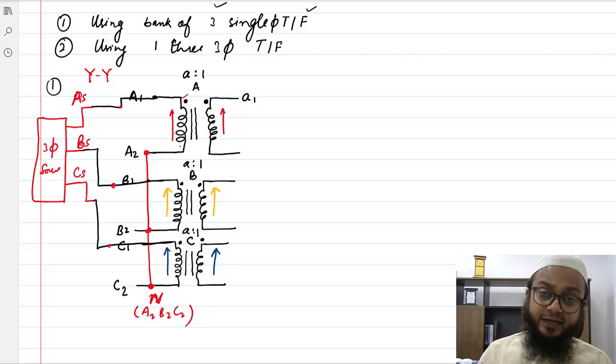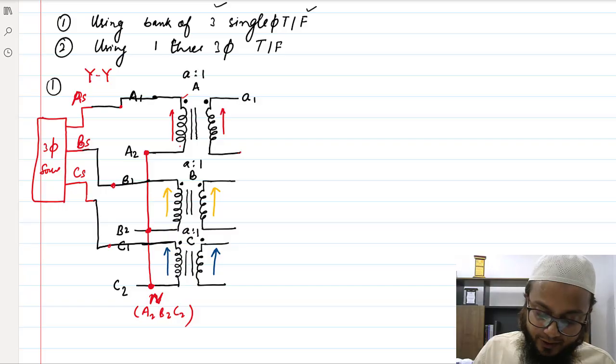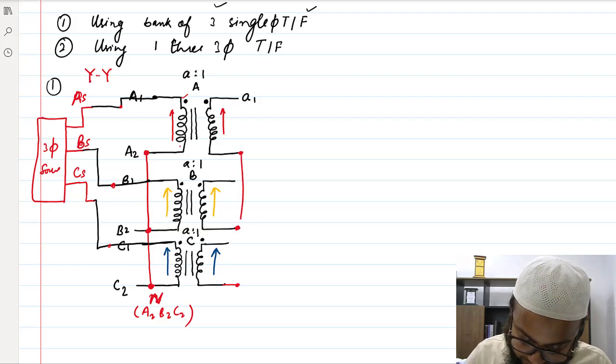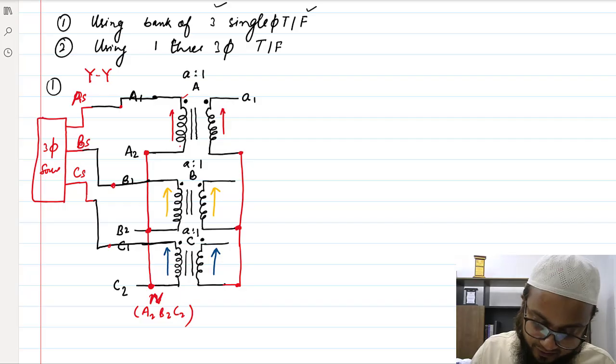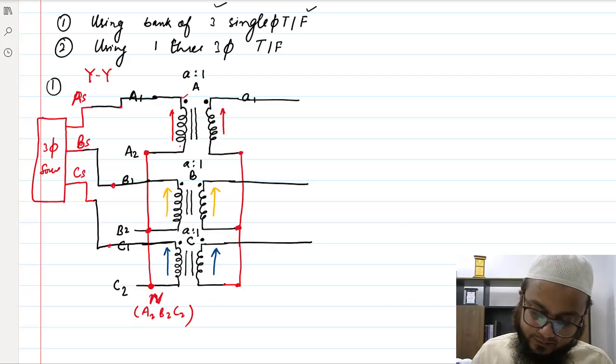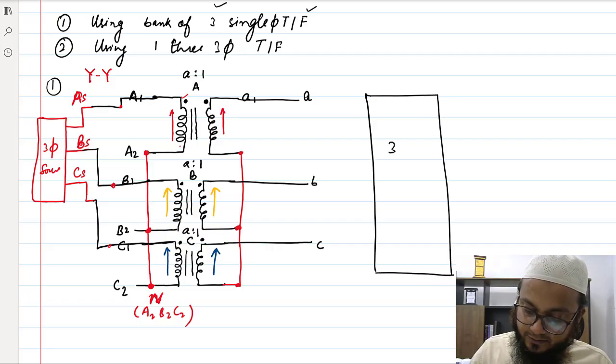Similarly, if the dots here are appearing at A1, B1 and C1, then we should short A2, B2, C2, and from here you'll get the different voltages A, B and C, and this you can easily connect to the three-phase load.